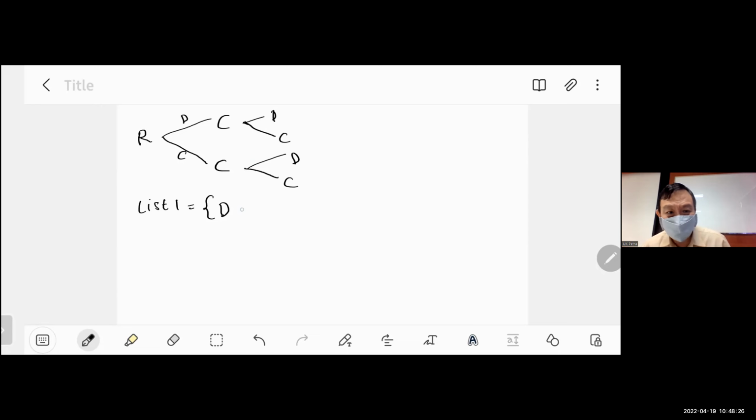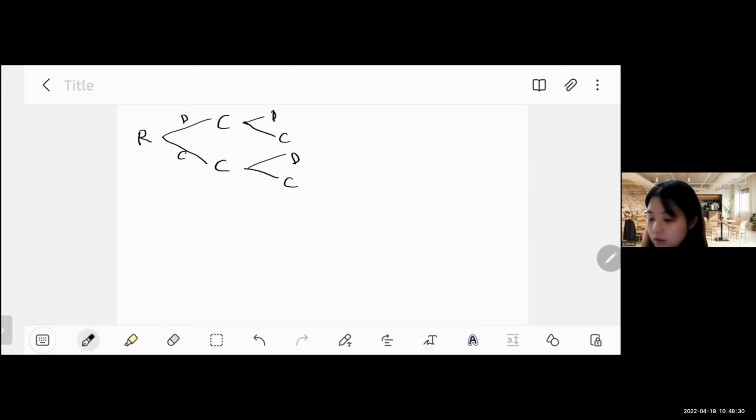So -1, -1. This one confess. The column will deny.